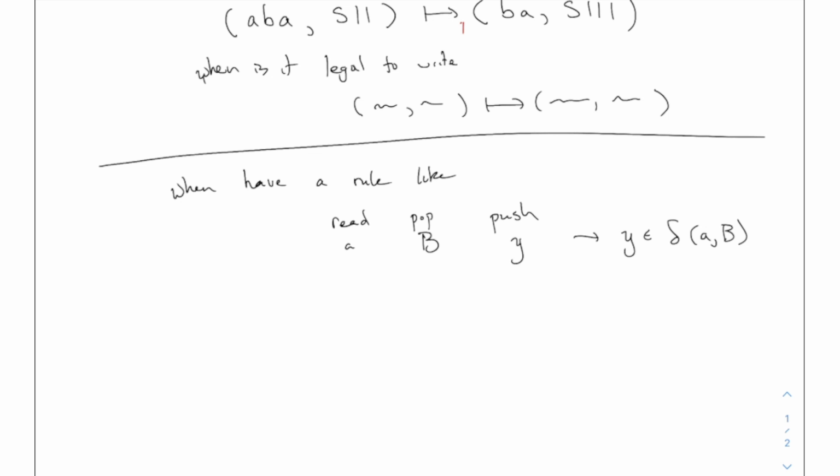And what does that mean in terms of what kind of little arrow things you are allowed to do then? So then, when we have a rule like that, we can write with an arrow things like, if I had a string which began with an A, and then after the A was some other stuff, it doesn't matter, I'll say X. And then another stack string where on the top of the stack was a B, and then after the B was some other stuff, maybe Z. Then it becomes, can anybody say, what will that become if I do read A, pop B, push Y?